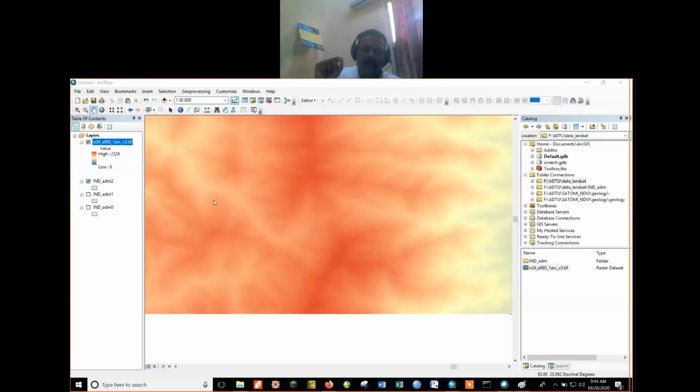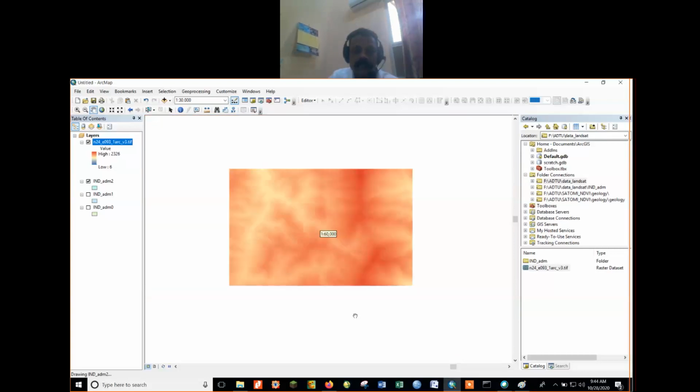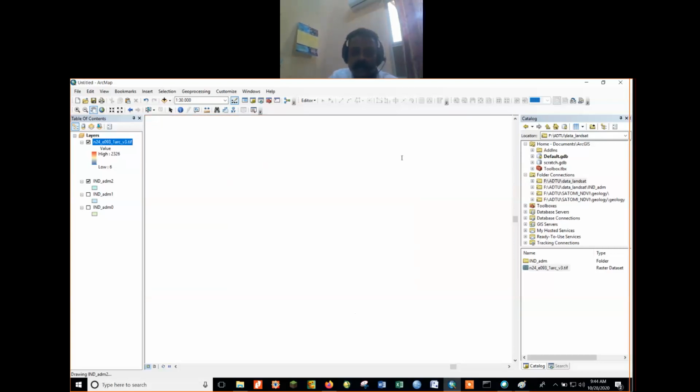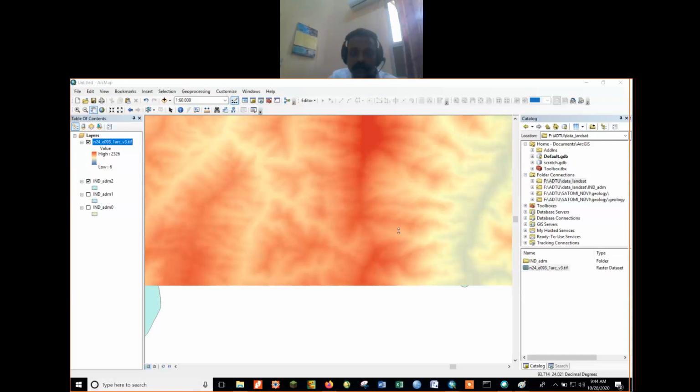We can talk about many other properties, like the slope. Slope is one derived property of a terrain. As Priyanka has given it here, if I talk about terrain parameters, one of the parameters is the height.